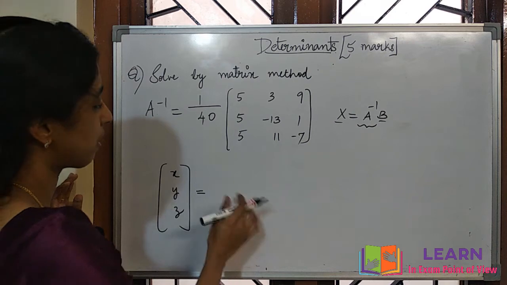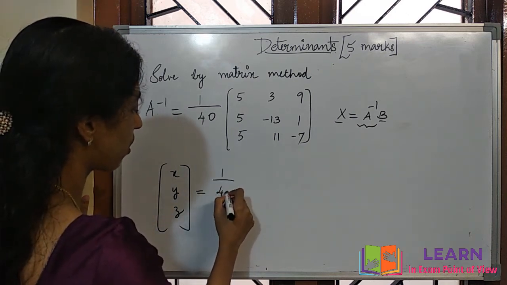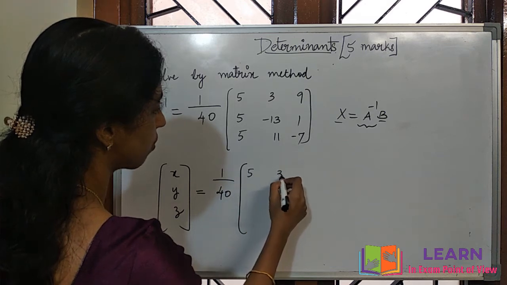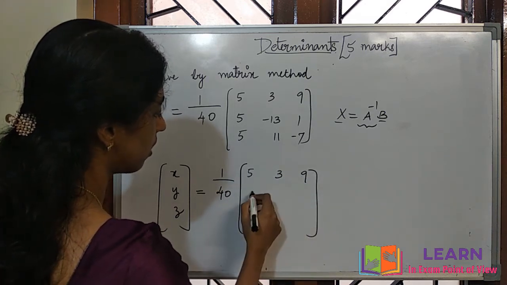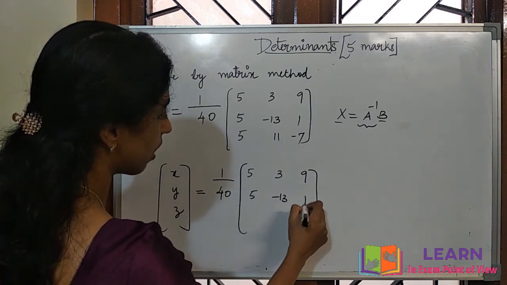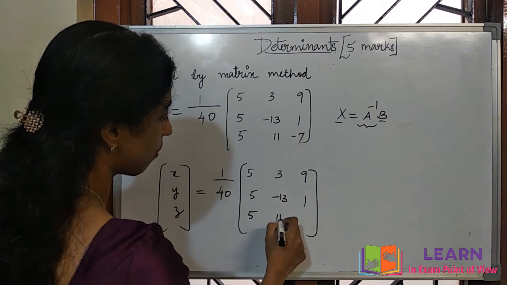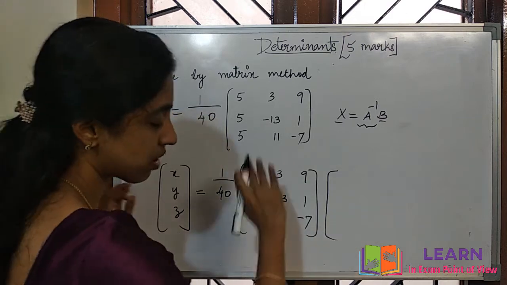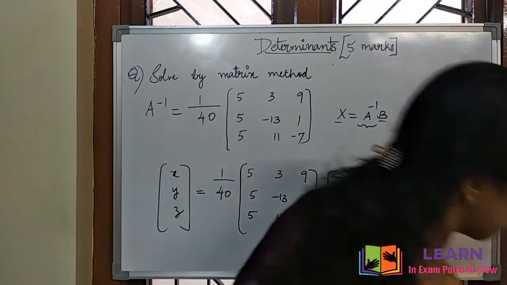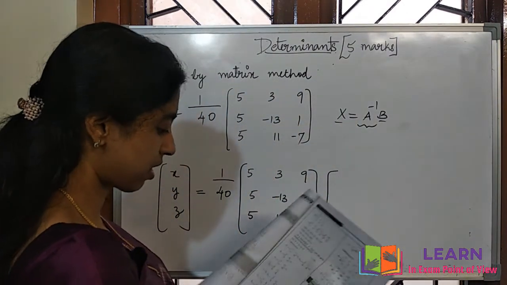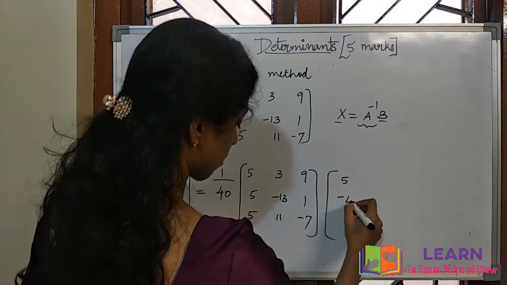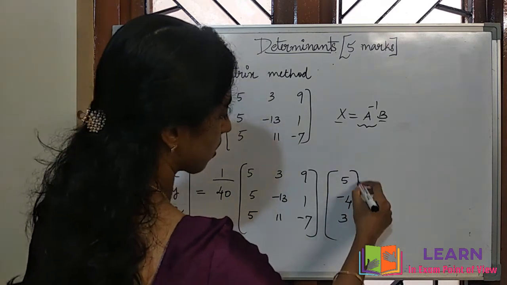So directly you can write 1 by 40 into A inverse, which is 5, 3, 9, then 5, -13, 1, then 5, 11, -7. Here B is what? That was the matrix on that side. In this linear set of equations we have it as 5, -4 and 3.